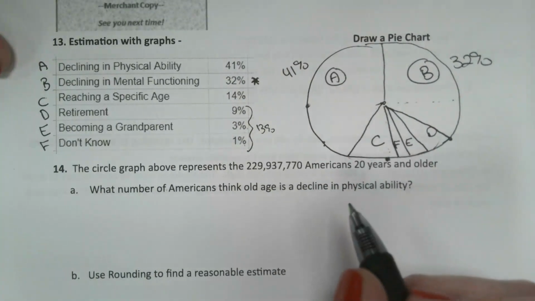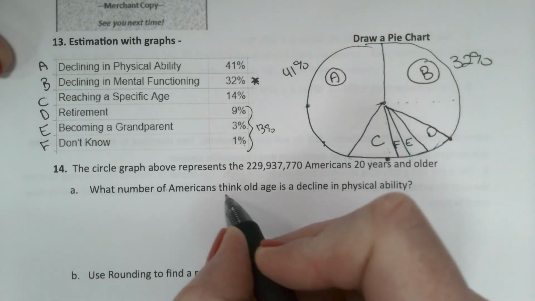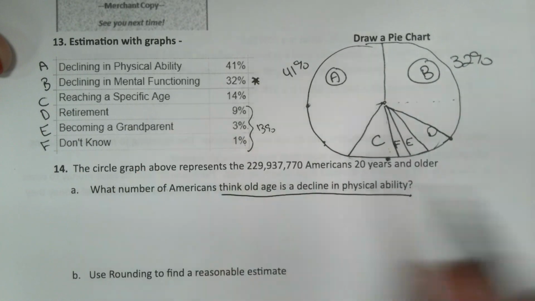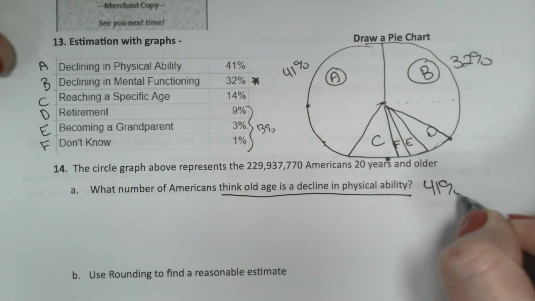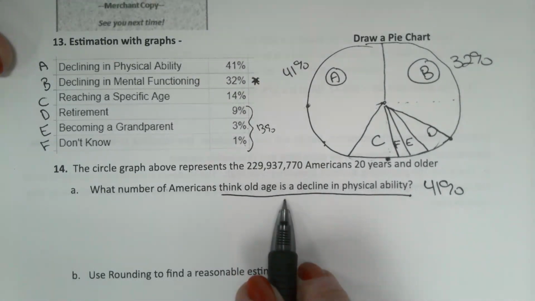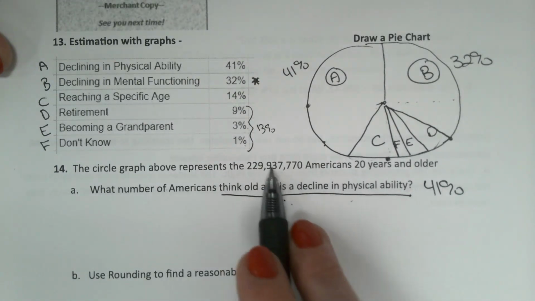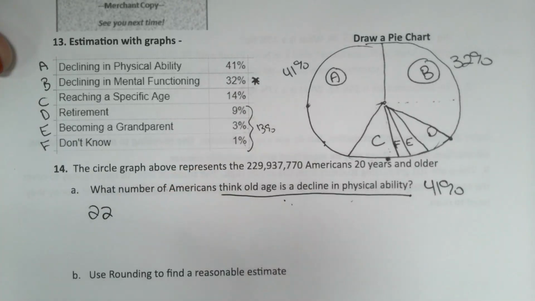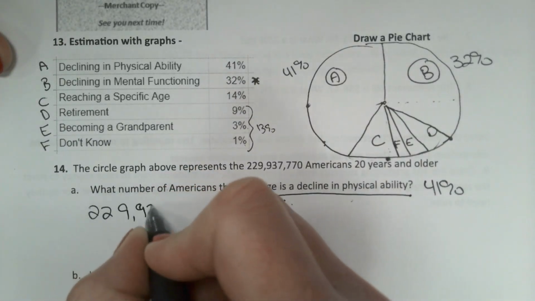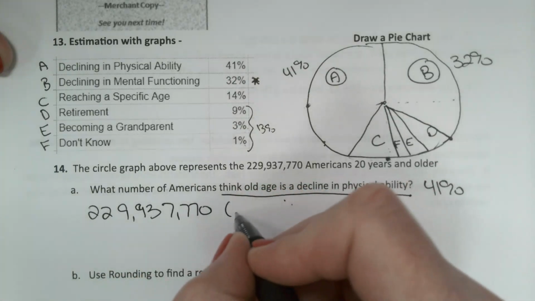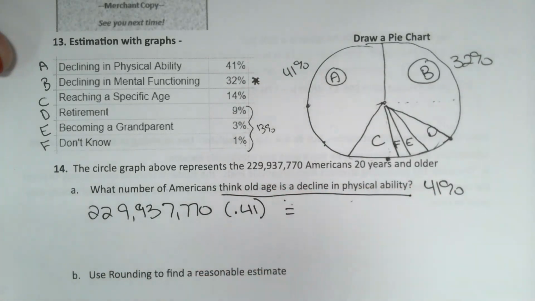What percent think old age is a decline in physical ability? Let's see, 41% do, so that's the number I'm after. And in order to calculate this, you multiply these two numbers. So I'm going to take 229,937,770. 41% is 0.41 as a decimal.